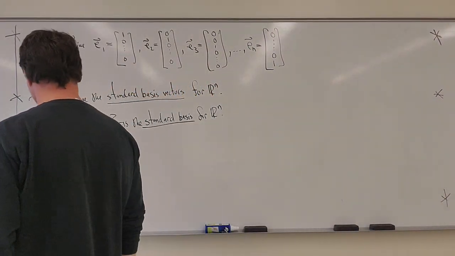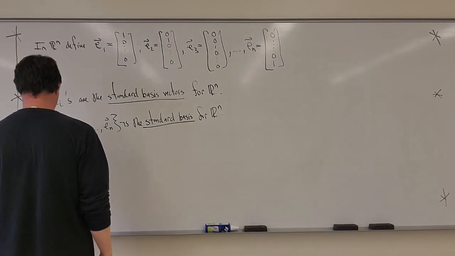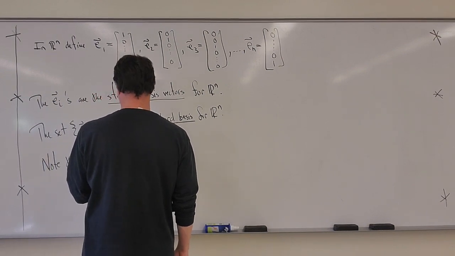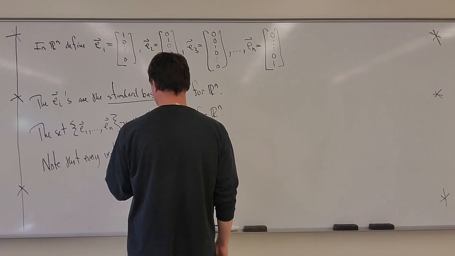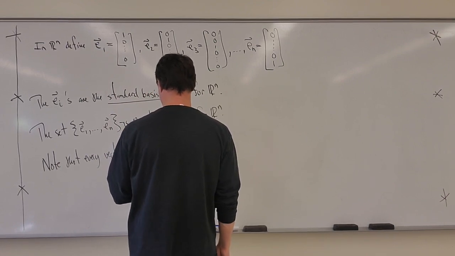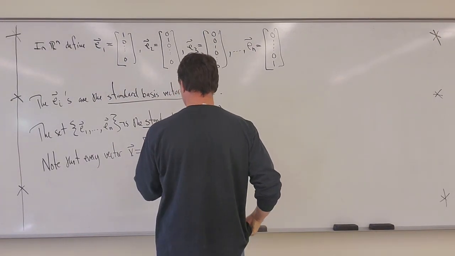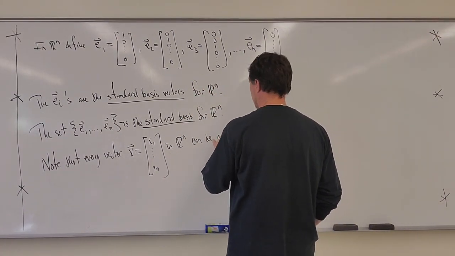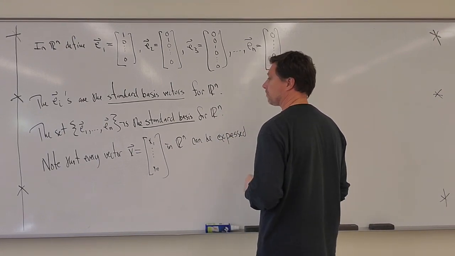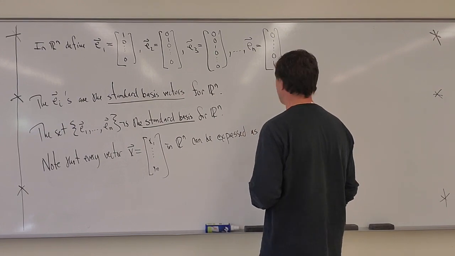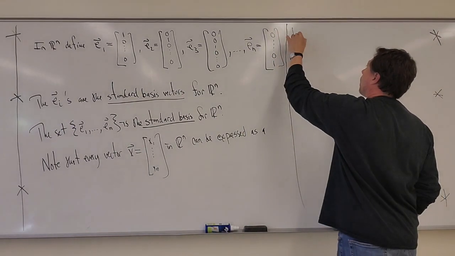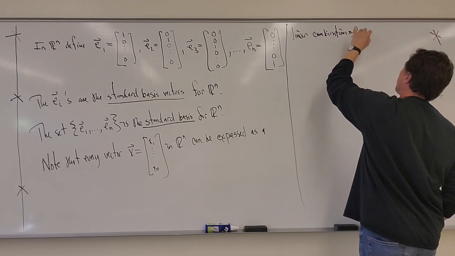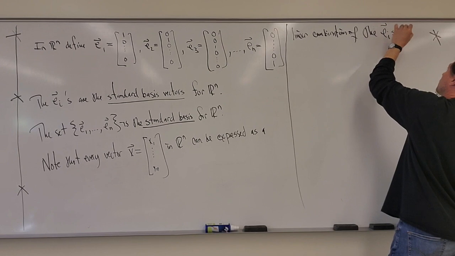But here's one thing to notice. Every vector x, the column vector x1 down to xn, in Rn can be expressed as a linear combination of the E sub i's.